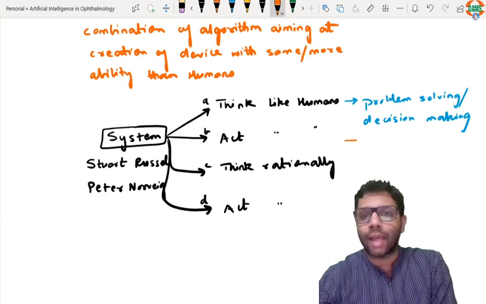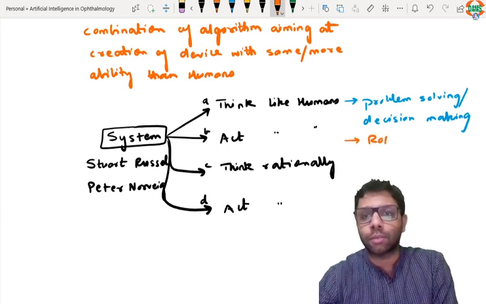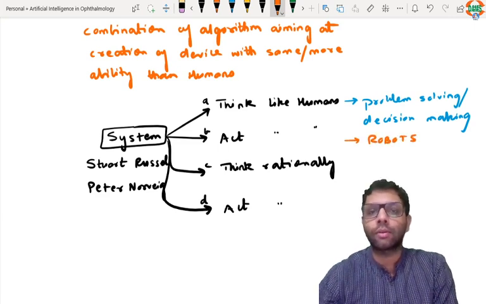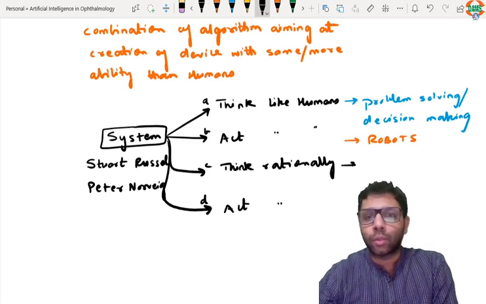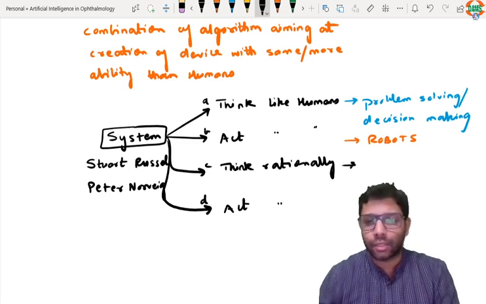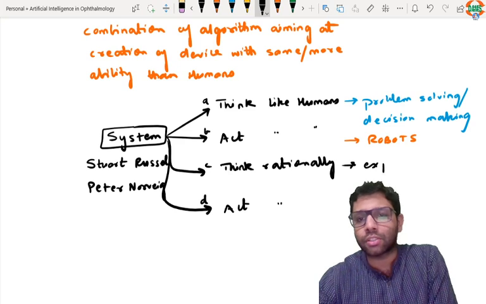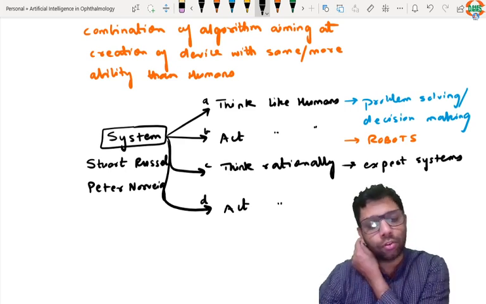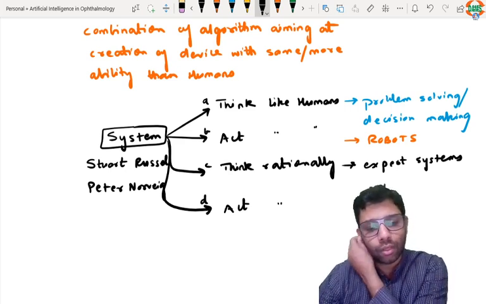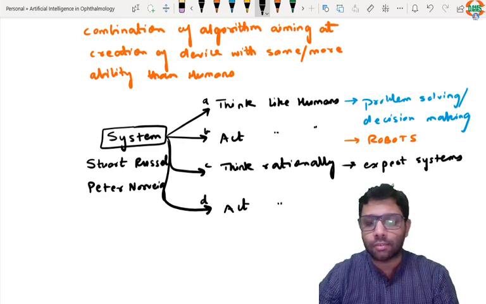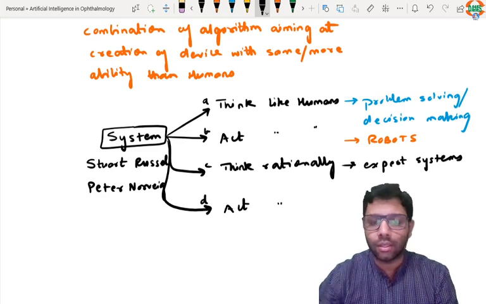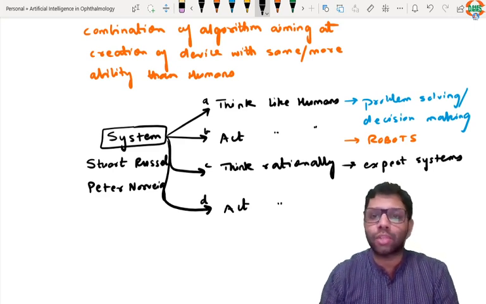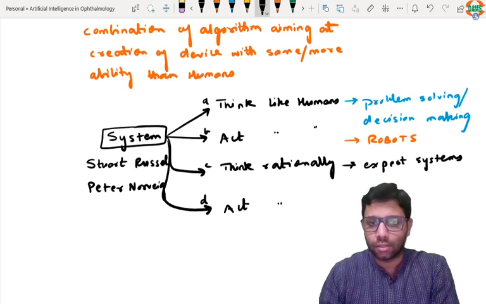The second one, act like humans, you should know, is nothing but robots. The third one, thinking rationally, is a system which is given a specific name known as expert systems. In a long note, you can give an example that the machine is perceiving the reason and it is taking action based on that reason.